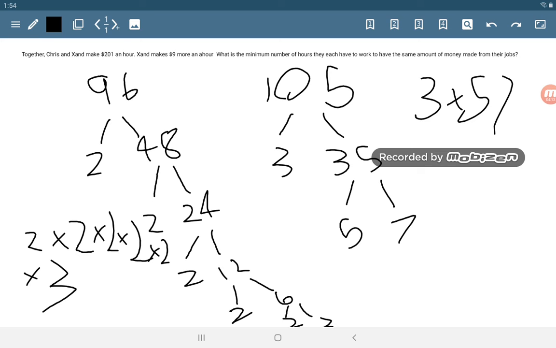In order to be divisible by 105, it needs to have a 3, 5, and 7. And in order to be divisible by 96, it needs to have 5 2s and a 3. Here, it needs a 3, 5, and a 7, and it already has a 3, so now we just need a 5 and a 7.